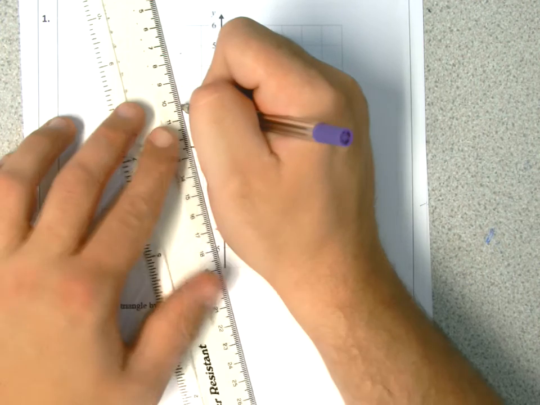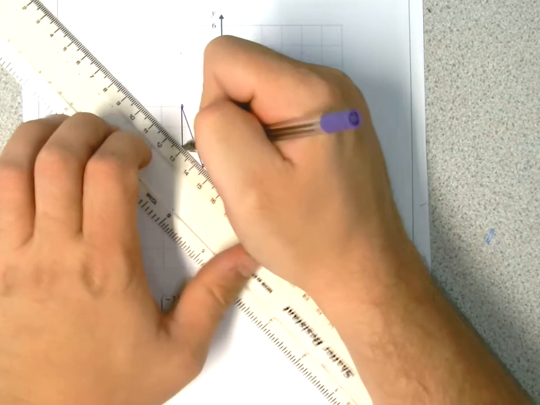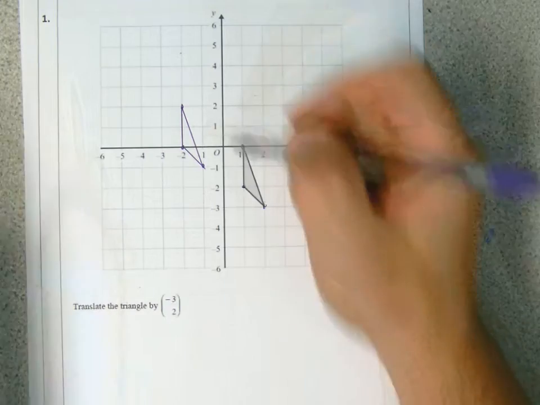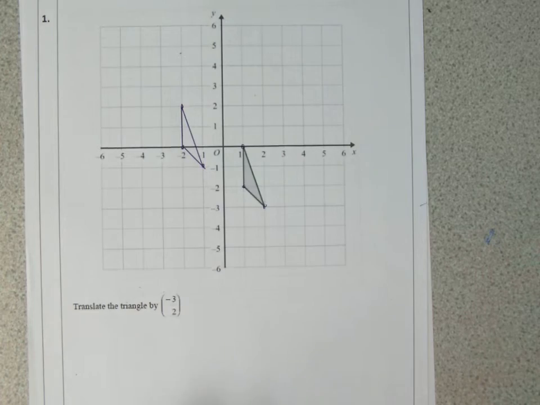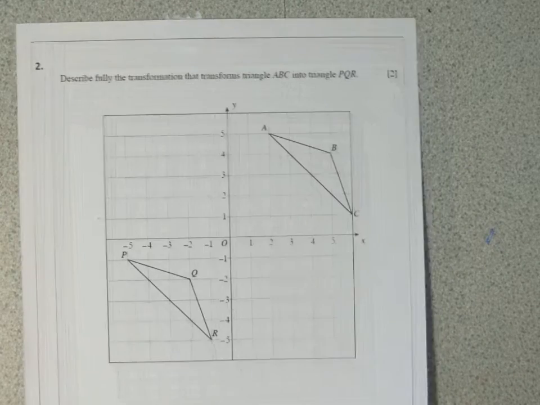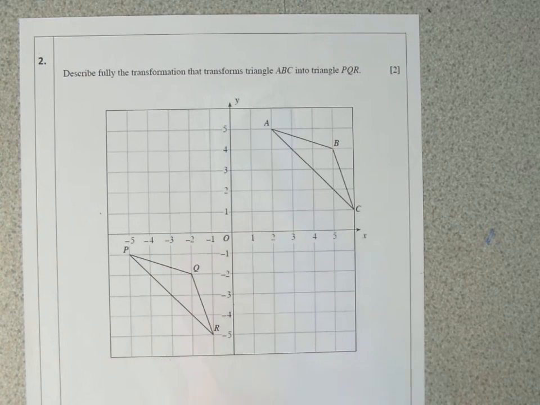I'm using a pen for the video. And you've got your shape. Now remember what I said, it'll look exactly the same, just in a different place. So we've translated it.